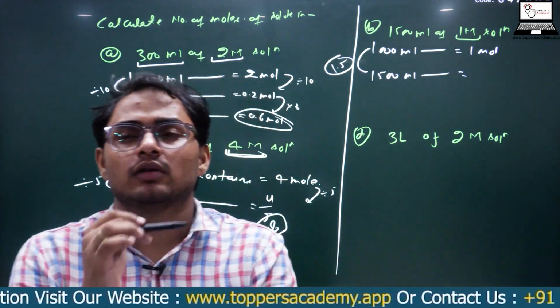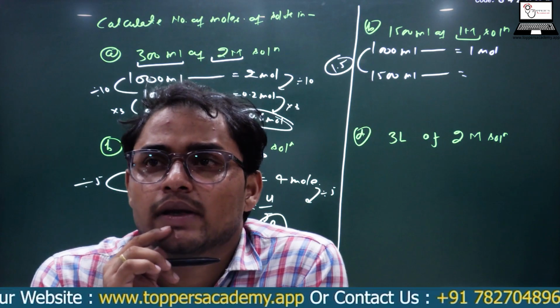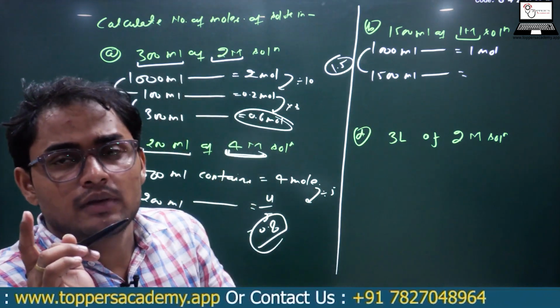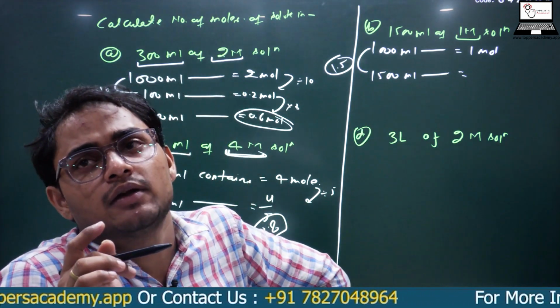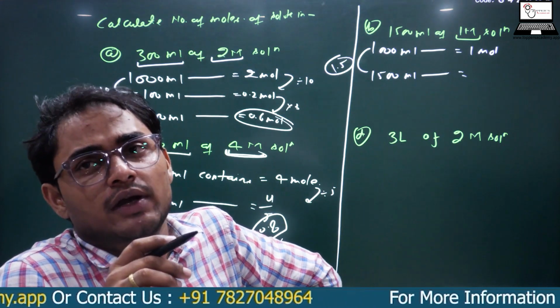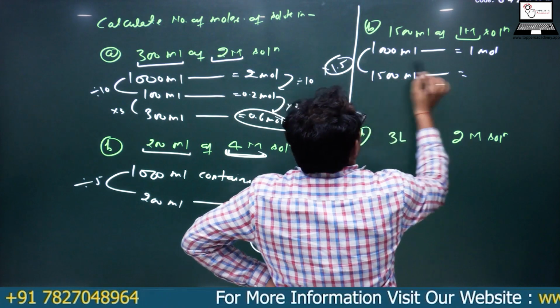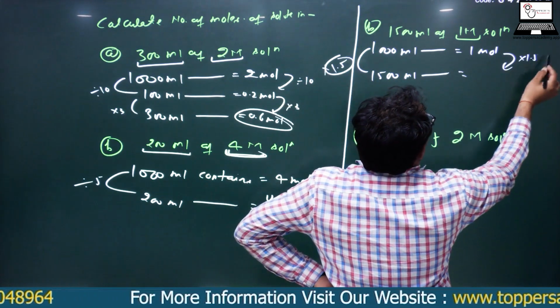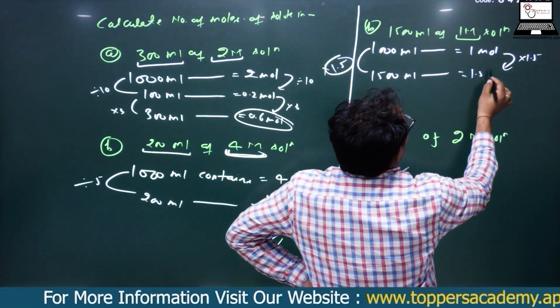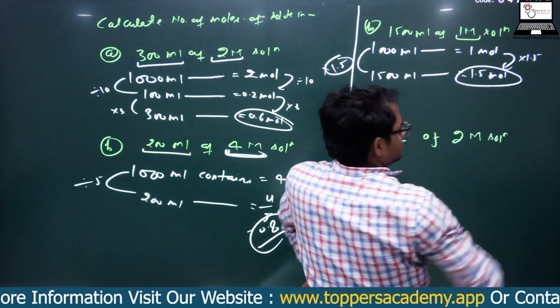If you multiply 1000 by 1.5, you will get 1500. So if on the left side you have multiplied by 1.5, obviously on the right side you are going to multiply by 1.5. So 1 into 1.5, 1.5 mole of solute will be present.